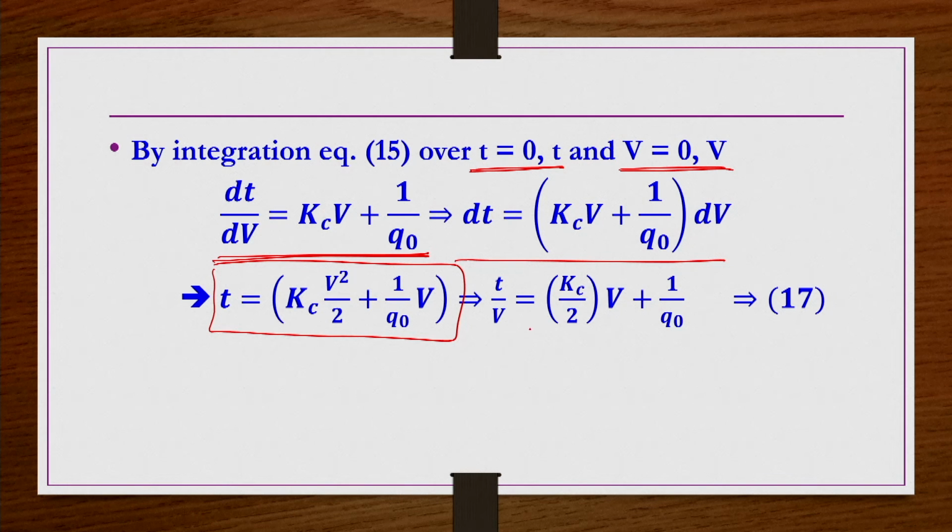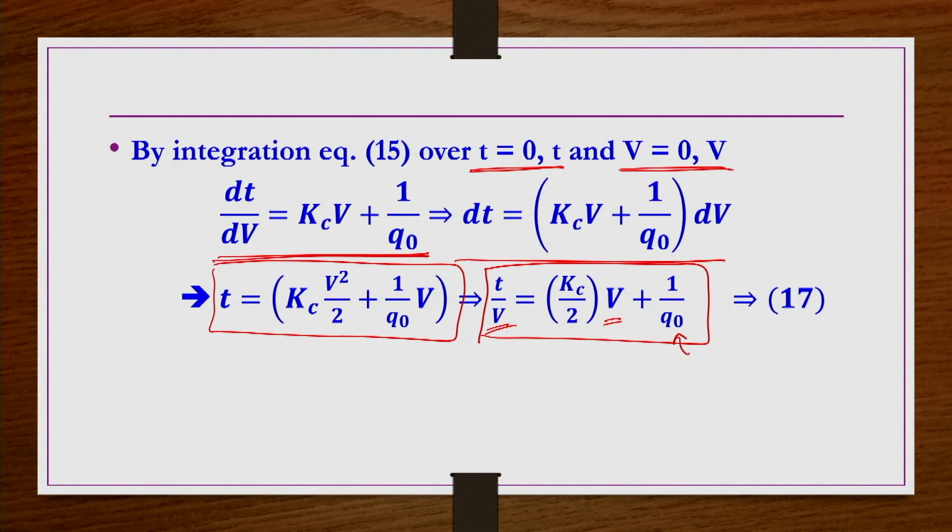So then in this equation, if you simply rearrange, t/V = (Kc/2)V + 1/q0. Then the t–V information you get experimentally. So for a given pressure drop, whatever the t–V information is, you rearrange it as t/V versus V and plot t/V versus V. Then you will get a straight line with intercept 1/q0 and slope Kc/2.